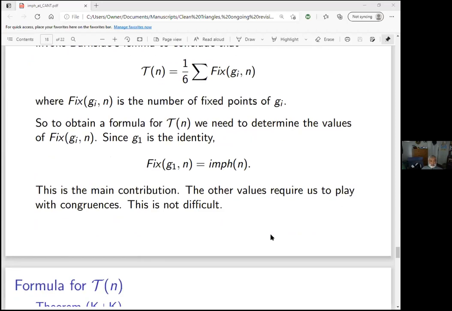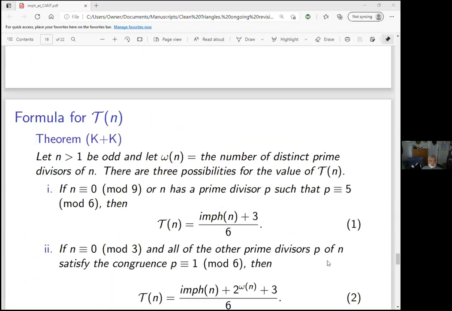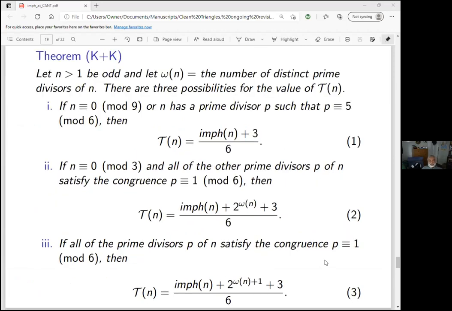So here's our result for the counting formula. So there's 3 cases. Omega of n is the number of distinct prime divisors of n. And so this is what we get. Okay. So this is our formula, and it all worked out quite beautifully.